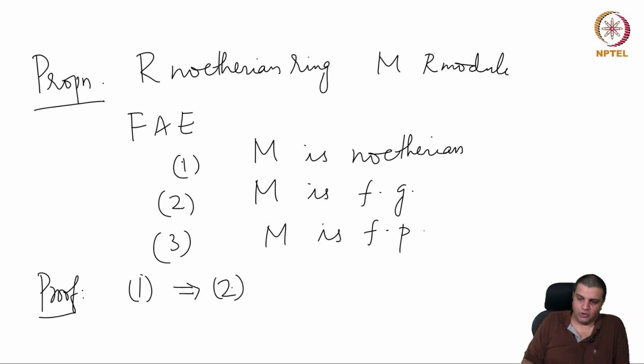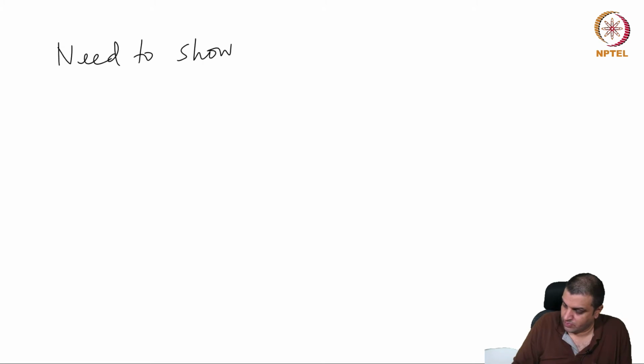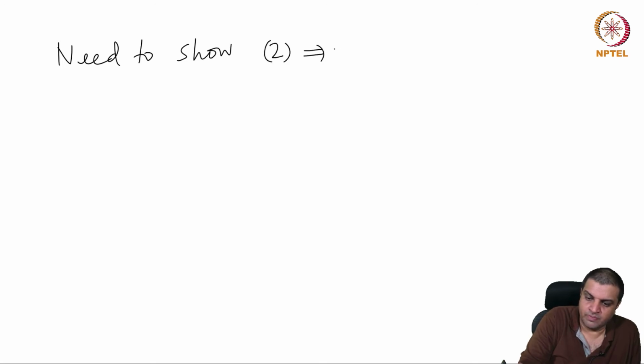M itself is a submodule of M, so it is finitely generated by definition. So 1 implies 2. Similarly, finitely presented assumes it's already finitely generated, so 3 implies 2. Hence, we need to show that 2 implies 1 and 2 implies 3.